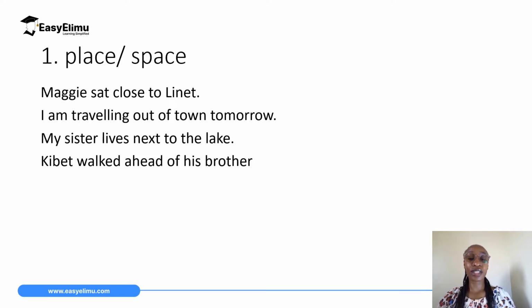Ahead of is also a complex preposition. Now, before I proceed, you have realized that they are two words, unlike simple prepositions that are only one word like on and in. These are two words: out of, ahead of, close to, next to.